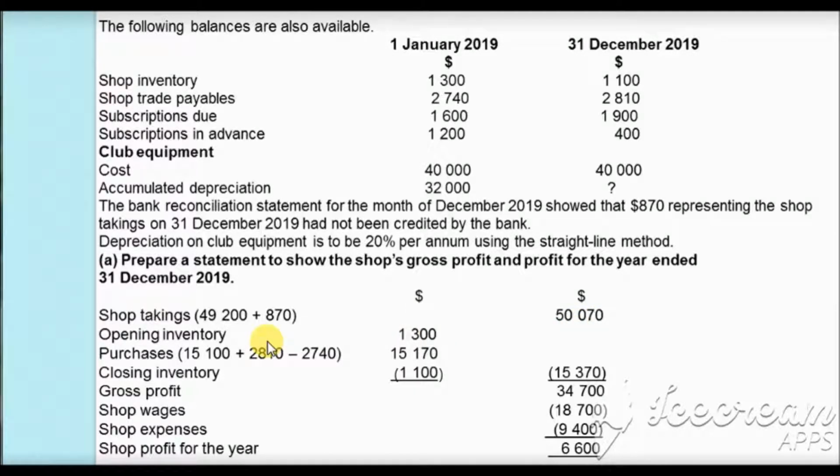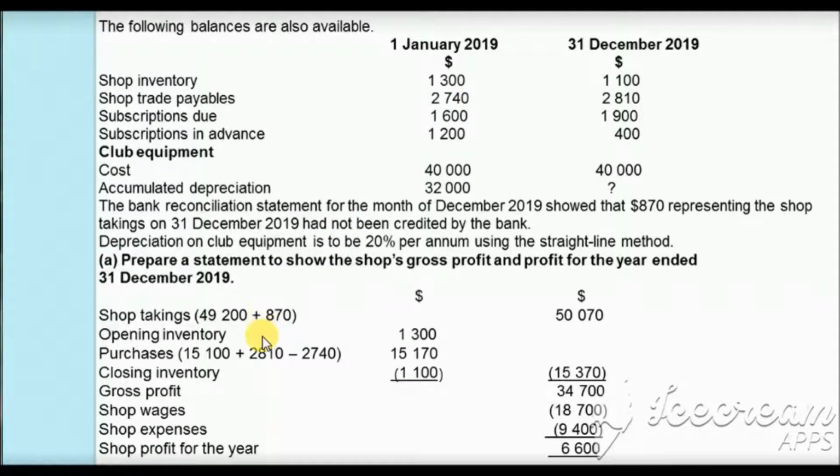Then we will calculate the cost of sales. For cost of sales, we start with the opening inventory, which is given as $1,300, plus the purchases. We have the purchases by bank in the payments, which is $15,100, and then the credit purchases, which we get by taking the closing trade payables of $2,810 and subtracting the opening trade payables of $2,740.